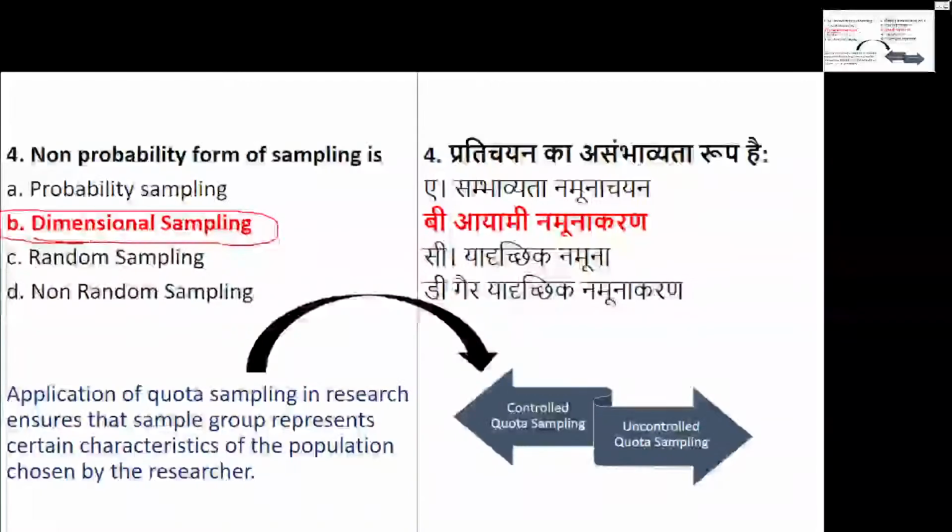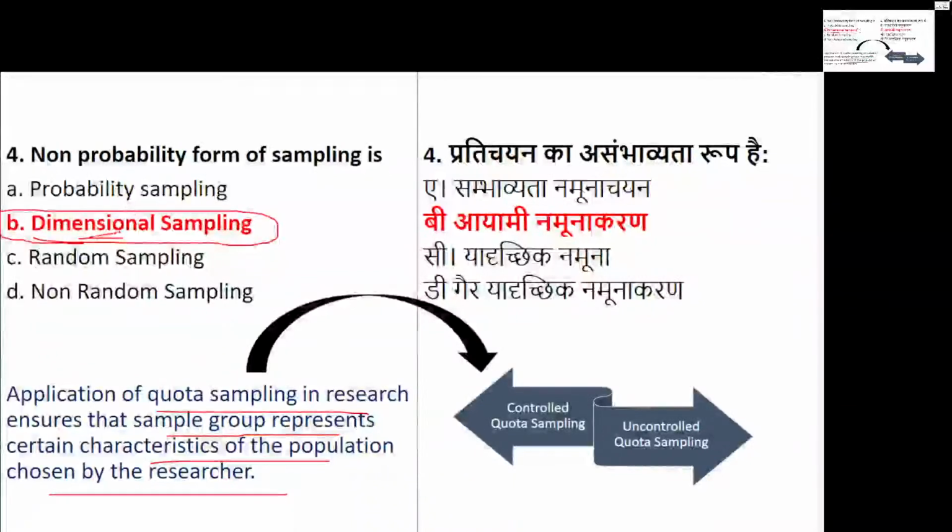So let's understand this question very well first so that you will get an idea. When we talk about non-probability sampling, that is dimensional sampling. Now, application of quota sampling in research: because quota is known as dimensional, it ensures that the sample group represents certain characteristics of the population which are chosen by the researcher.